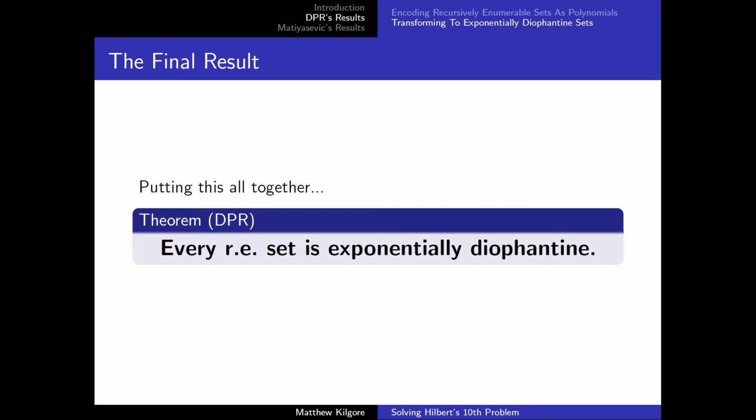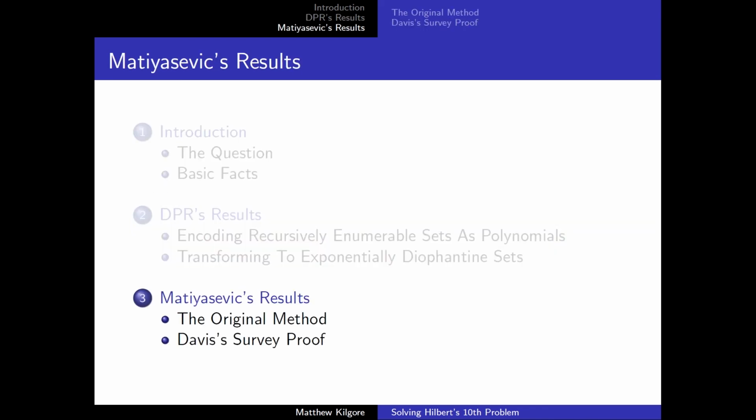Now, if you've stayed up for this entire portion, or rather have stayed awake up till now, congratulations, we are halfway there. Without further ado, let's go on to Matiyasevich's results.